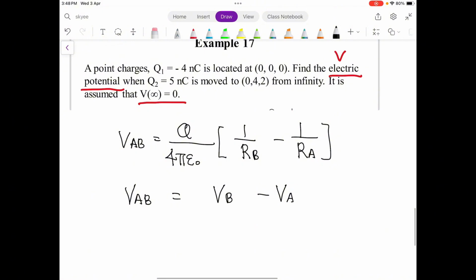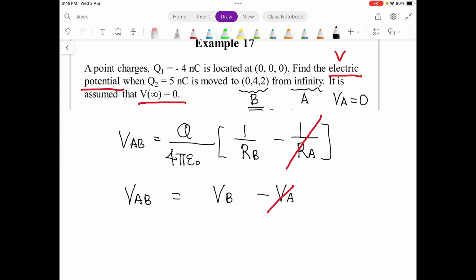Now this charge is moved to this point from infinity. So this is the point A, this is the point B. The question tells you that the voltage at infinity is 0, meaning that VA is equal to 0. So you can cancel this part and focus on the VB.